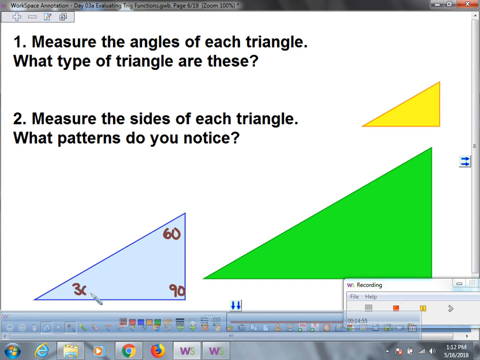Who had the smallest triangle, the little tiny one? What were the angles in that one? It's little. I'm going to say 90, 60, 30. What about the one that was a little bit bigger than this one?